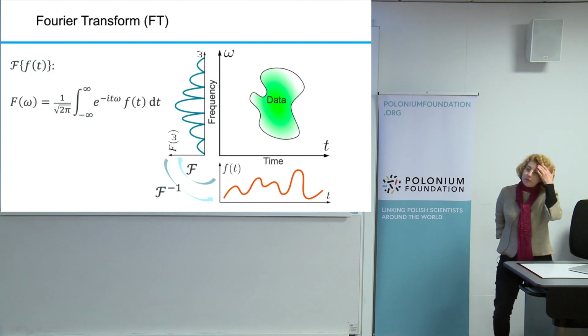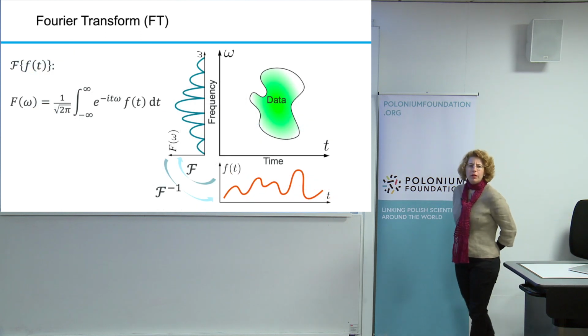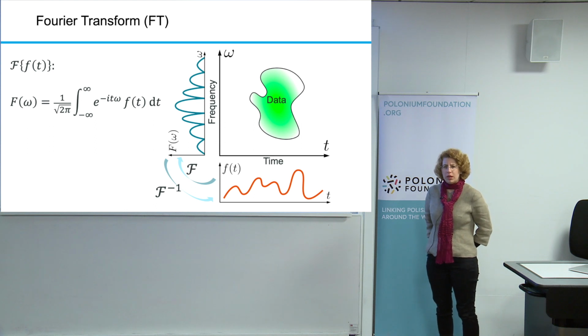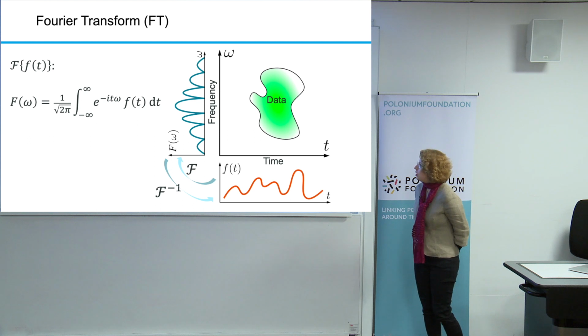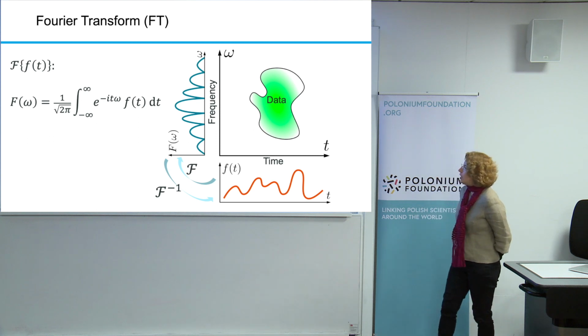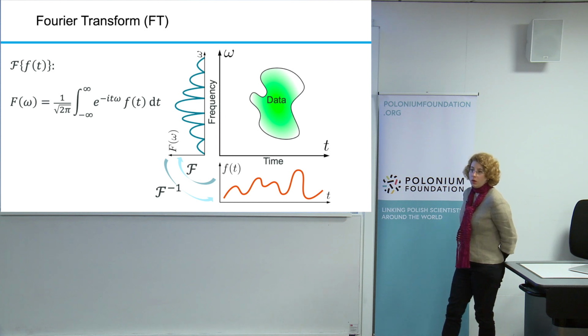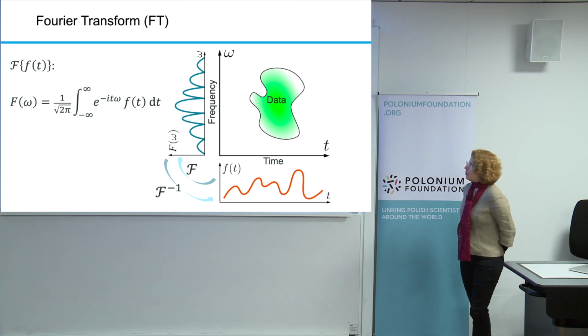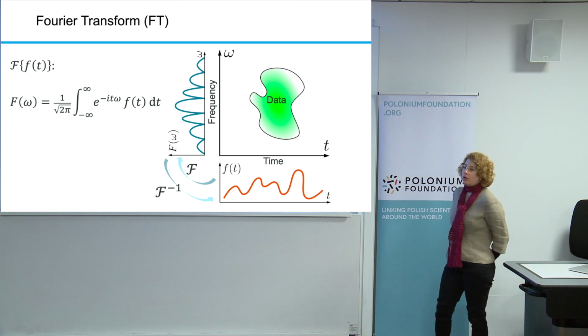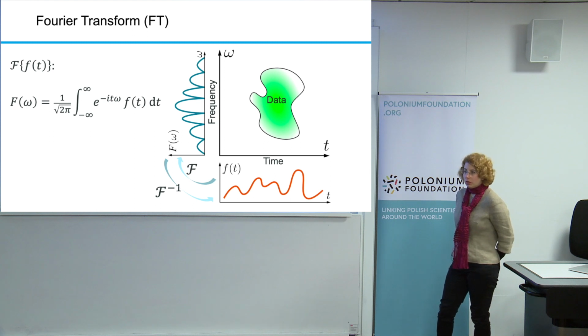Just to recall what the Fourier transform is, are you familiar with the Fourier transform? Yes? Okay, very good. So this is an integral transform, as you can see. It basically processes the data in between two complementary variables, for example, time and frequency. This can be done with an arbitrary continuous function.